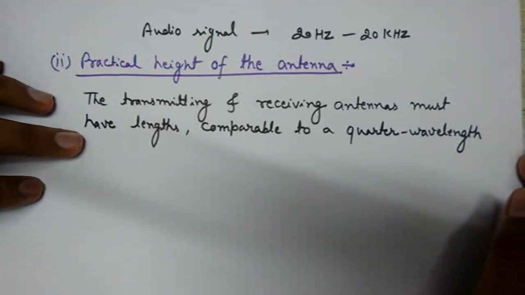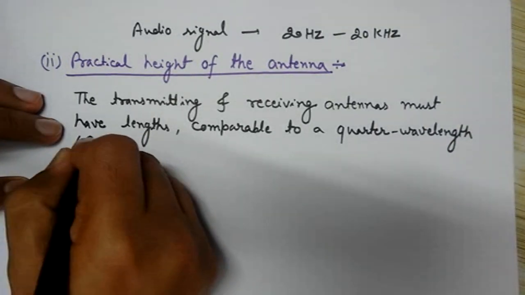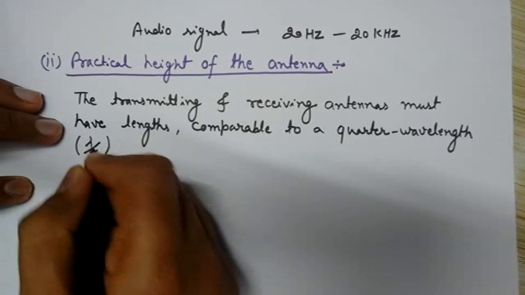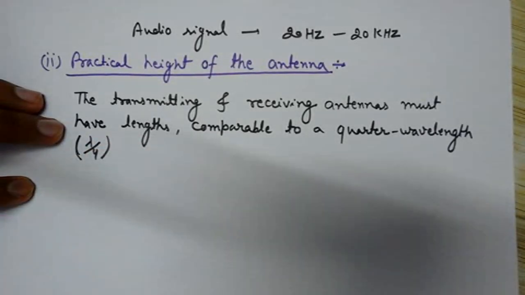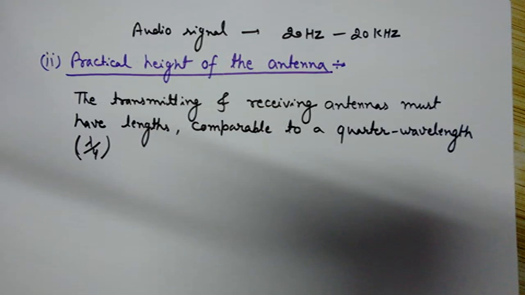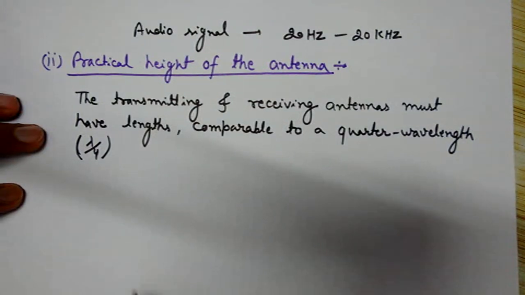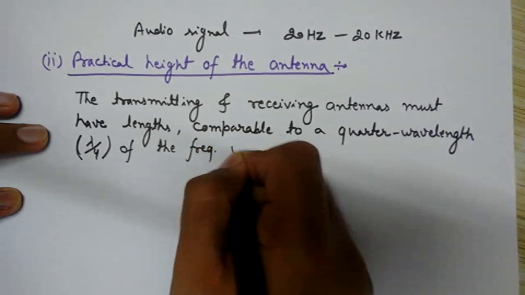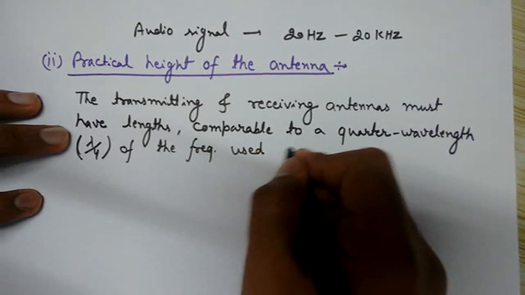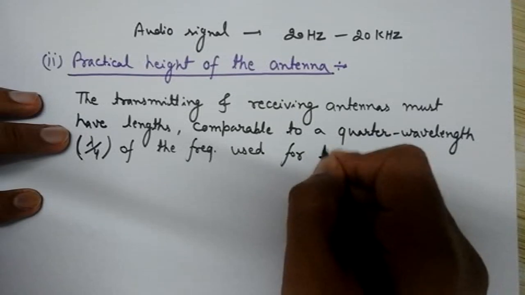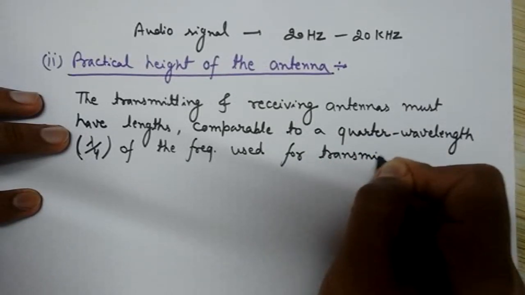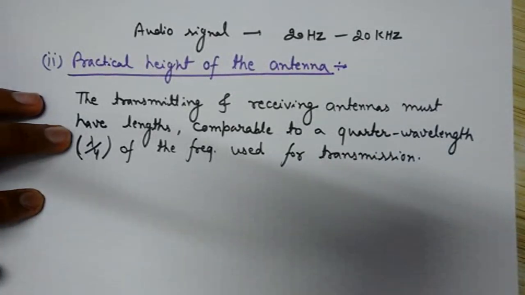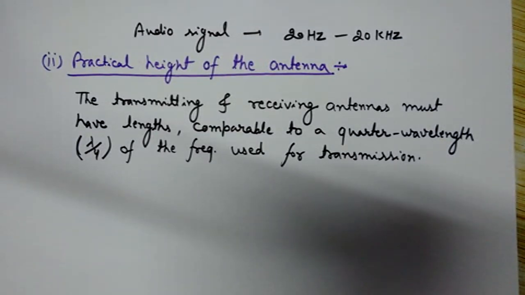Quarter wavelength means lambda by 4. Here lambda stands for the wavelength, so lambda by 4 of the frequency used for transmission. This is a very important fact, that it should be equal to the lambda by 4 of the frequency used for transmission.